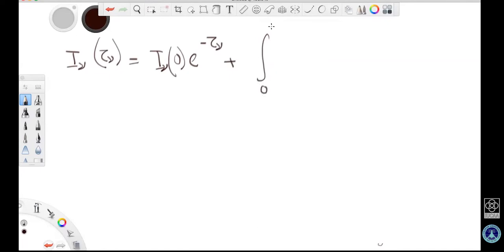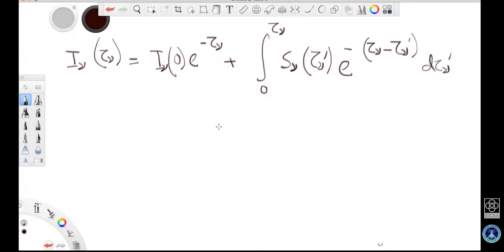This is the term that I'm going to be adding, which comes out of the matter in the cylinder, and this is this, and e to the power tau nu minus tau nu prime d tau nu.